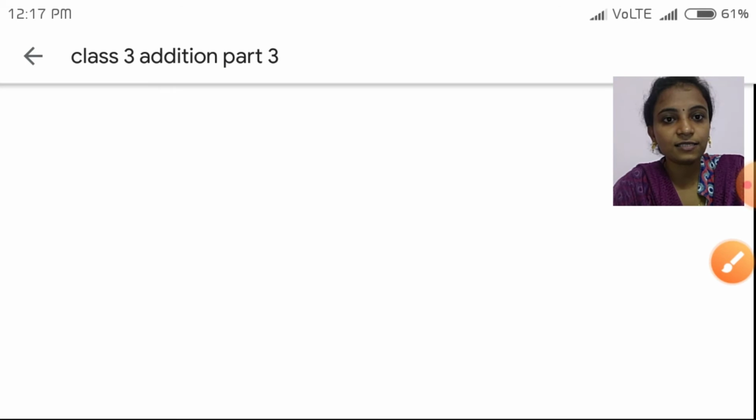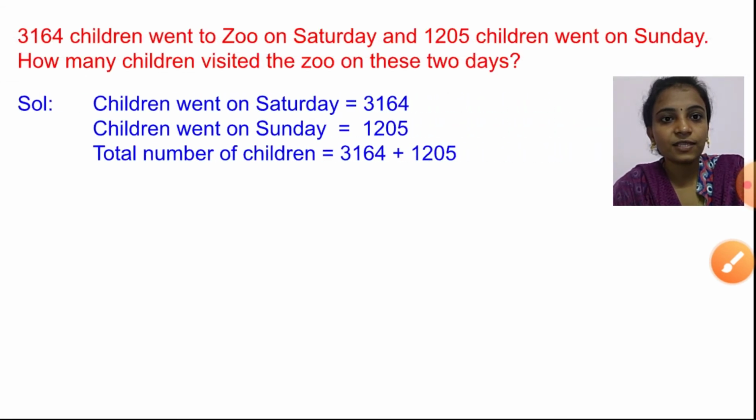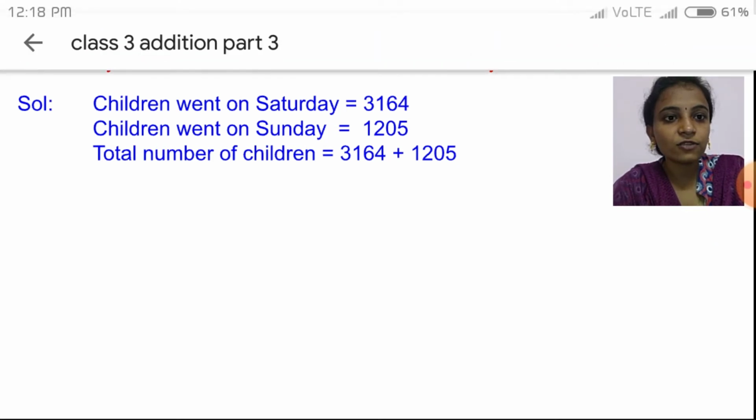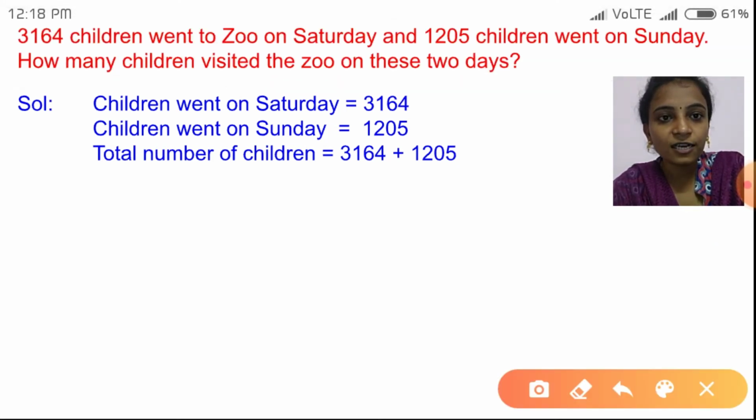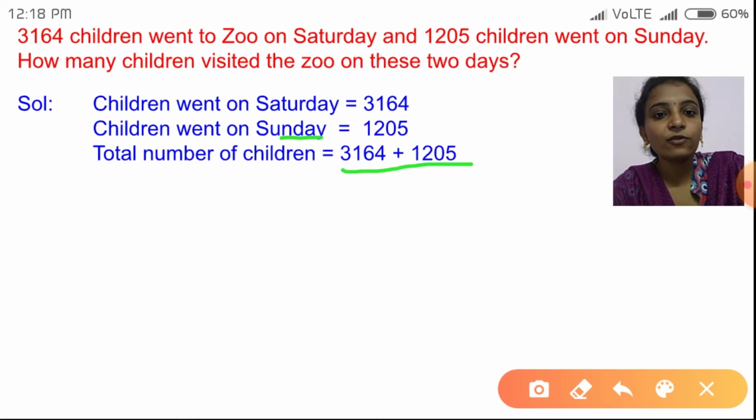Yes, see the steps here. Children went on Saturday: 3164. Children went on Sunday: 1205. Total number of children. Okay, 3164 plus 1205, we have to add.